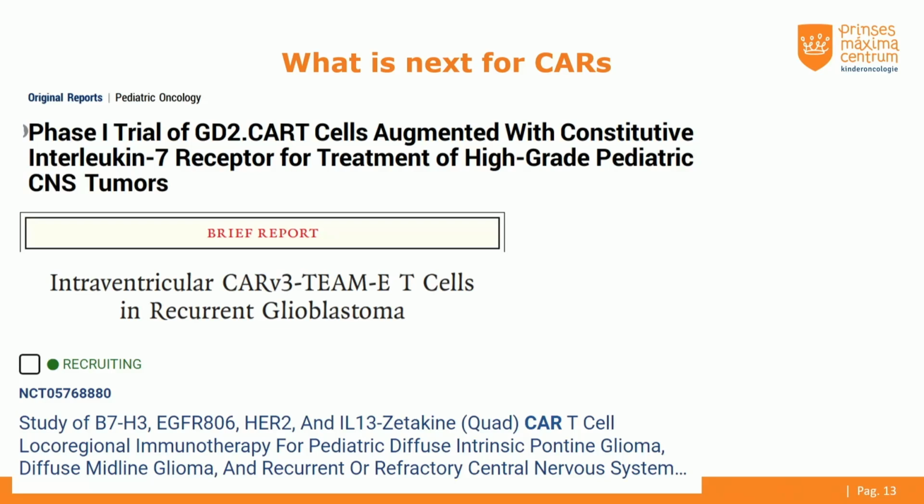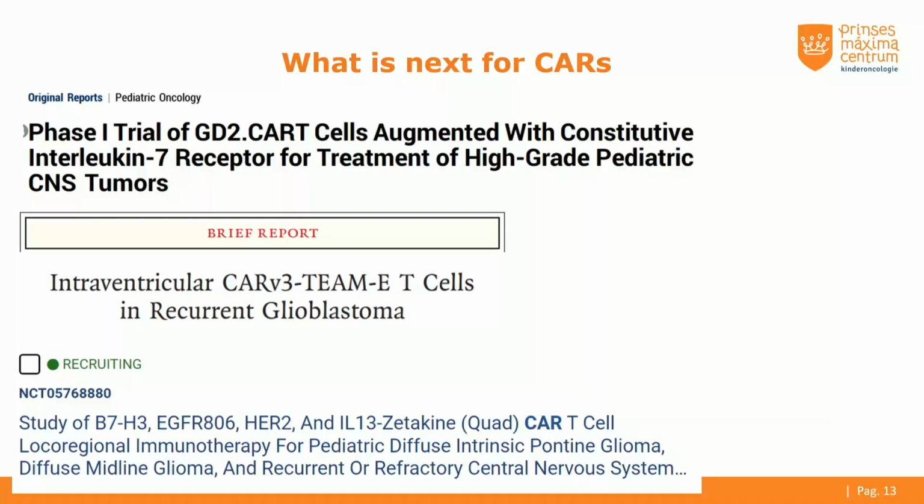So this kind of way of thinking can bring us a bit further. Or a recent trial that has been started in Seattle, not only aiming for one target, but for more than one target, as we know that our tumors have a large heterogeneity.